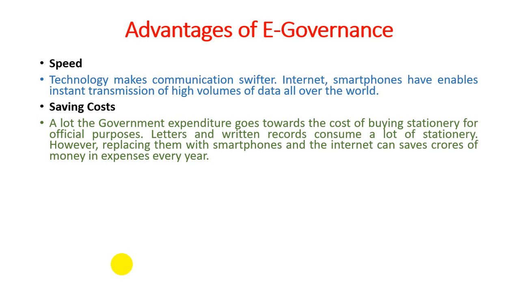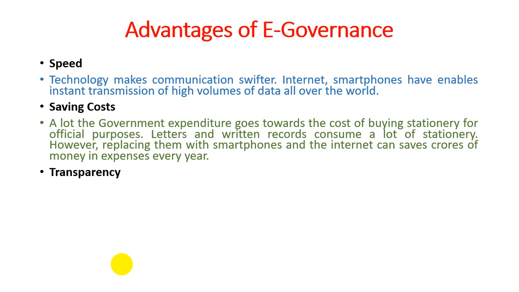They used everything on paper, but nowadays they are transferring all the paper documents to soft copy, which takes a lot less storage capacity. They can store a large amount of data within a 2 to 6 inch hard disk, and they can save lots of time, lots of money, and lots of speed with the help of e-governance.